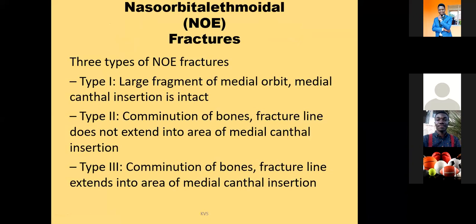The naso-orbito-ethmoidal fractures are of 3 different types. Type 1, a large fragment of the medial orbit, medial canthus.